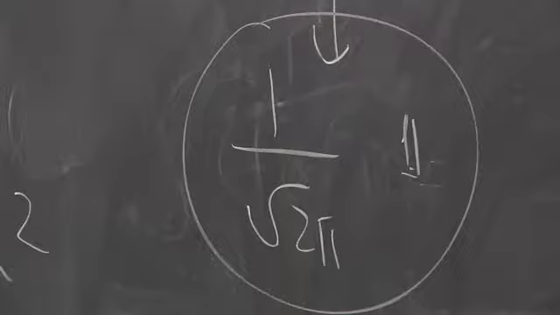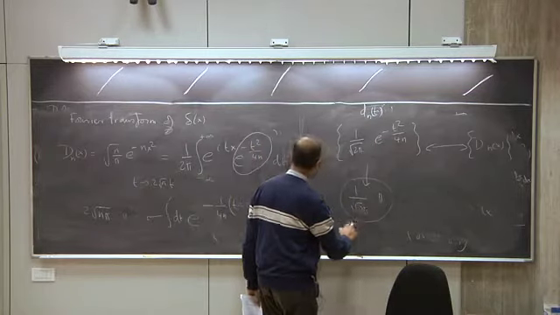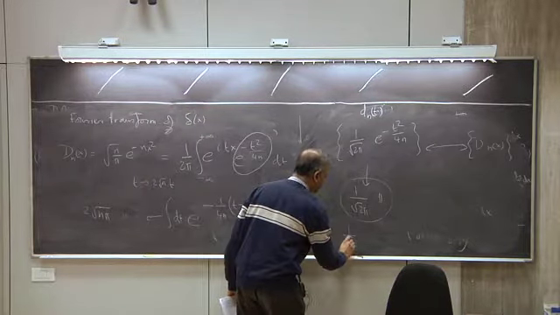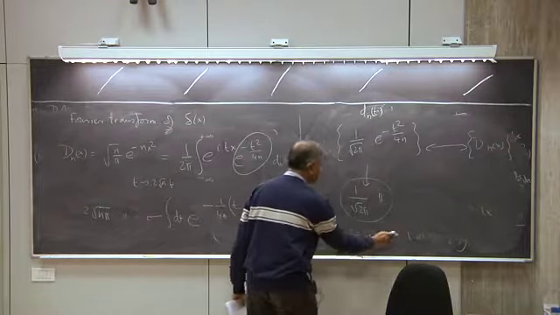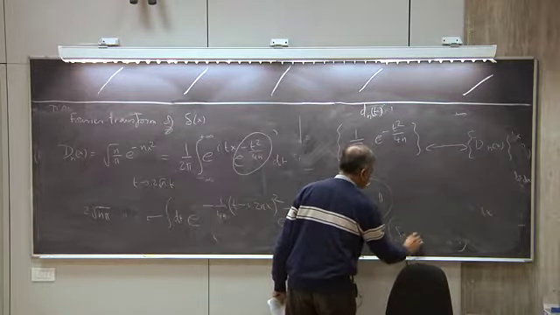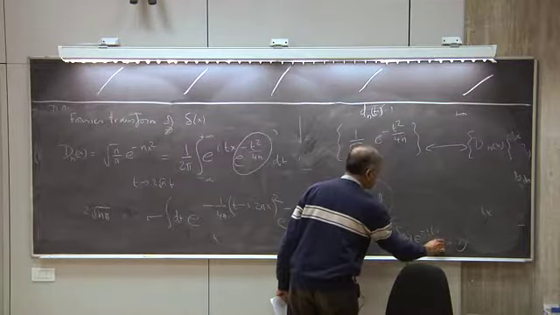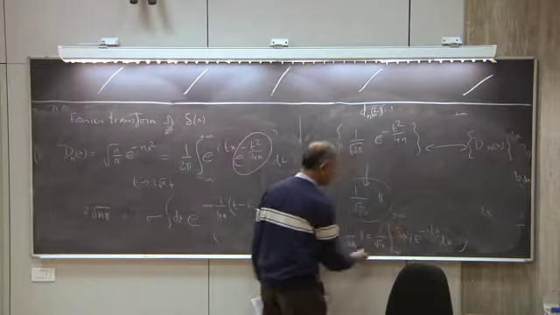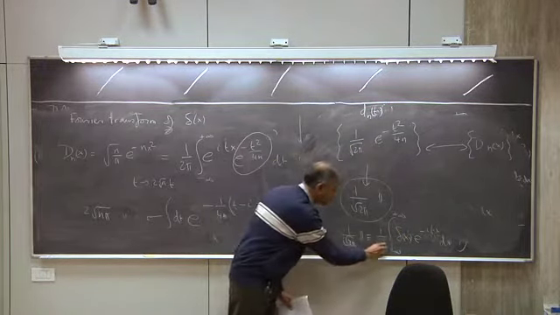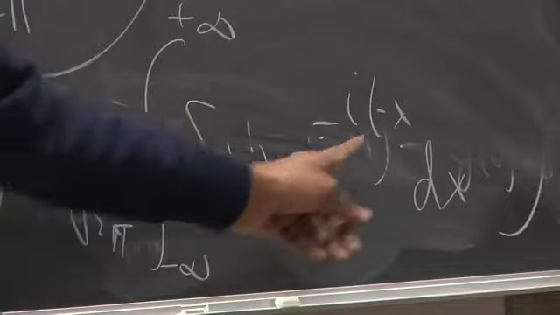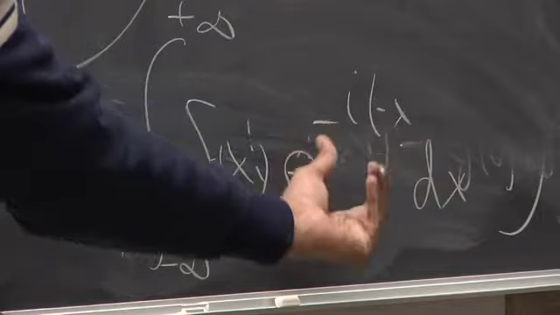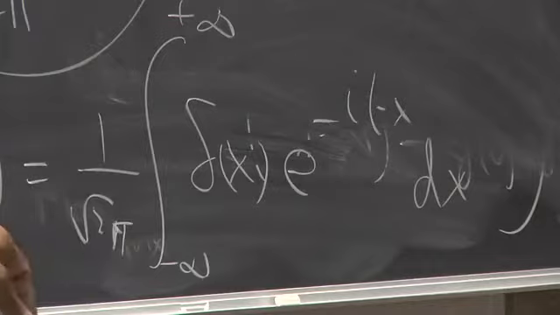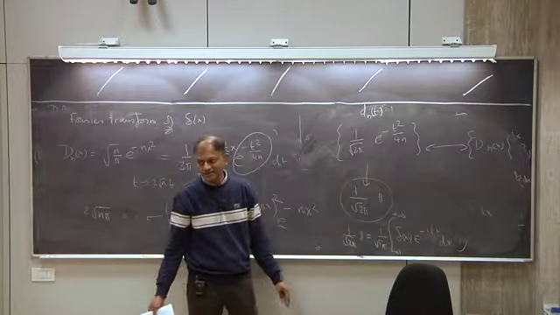So therefore this object should again be, what we are saying is, 1 over root 2 pi times 1 should be equal to the integral of delta of x times e to the minus i k x, times 1 over root 2 pi. But this is indeed true. After all, delta x will just evaluate this function at x equal to 0, and at x equal to 0, this is 1. Root 2 pi cancels, so this is just an identity.